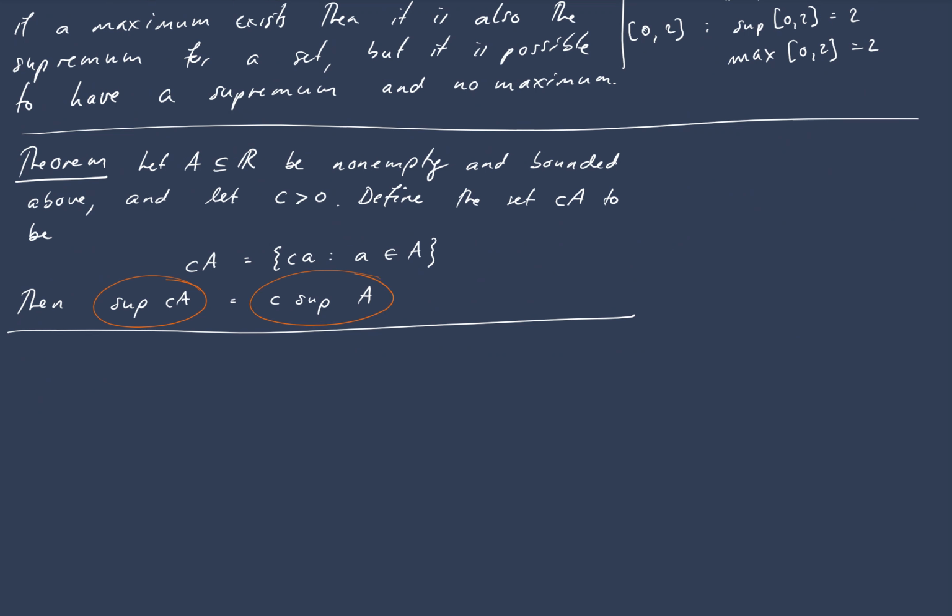Okay, so let's have a look at how we might prove that. So first thing we're going to do is figure out what we're actually being asked for here. So looking at the problem, we're being asked to demonstrate that a particular number, this number C sup A here, is the supremum of a particular set CA.